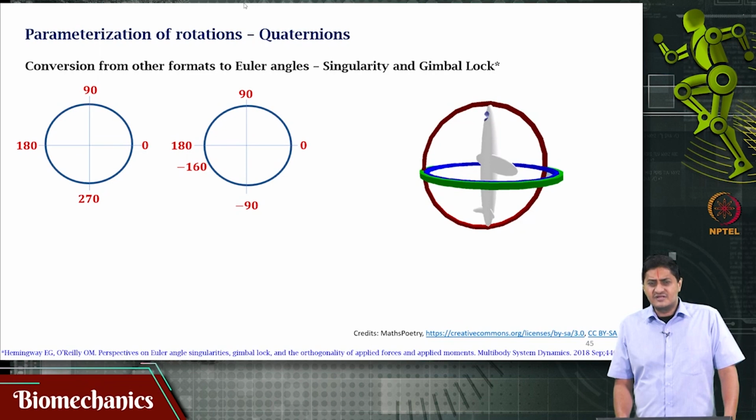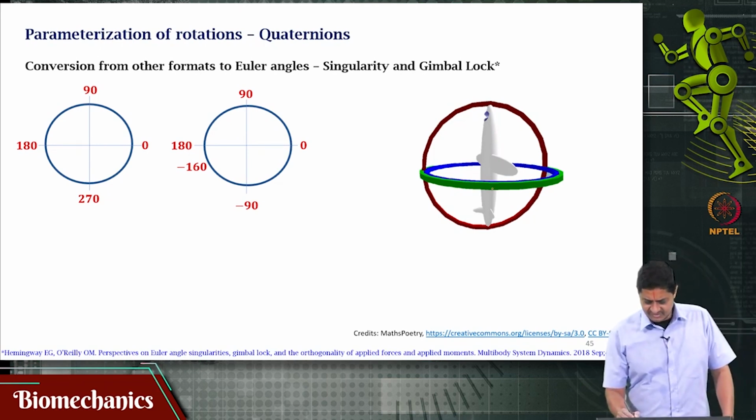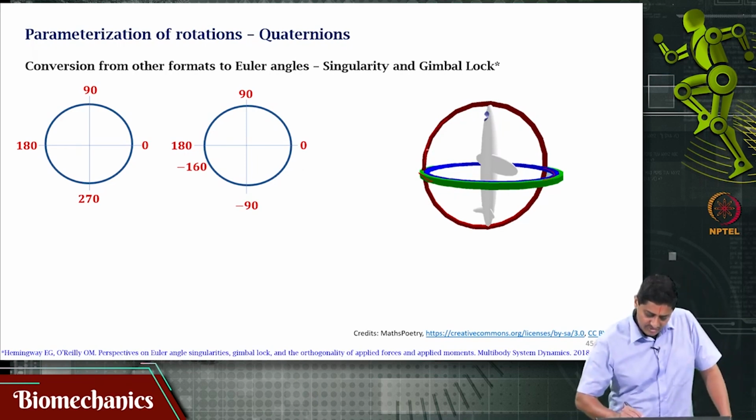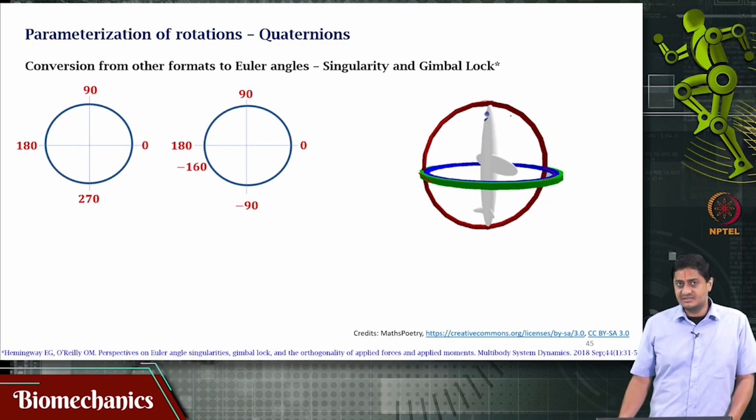What happens is that when two of the axes are aligned, in this case you have this aircraft that is going, and there is a middle gimbal, a central gimbal, and there is one on the outside that is green in color, and one on the inside that is blue in color. If and when this brown gimbal hits 90 degrees, the blue gimbal aligns with the green gimbal.